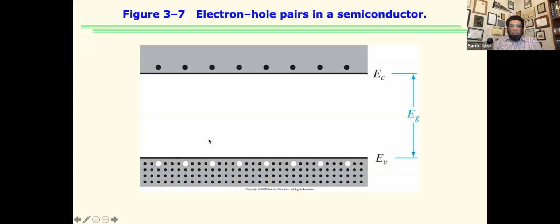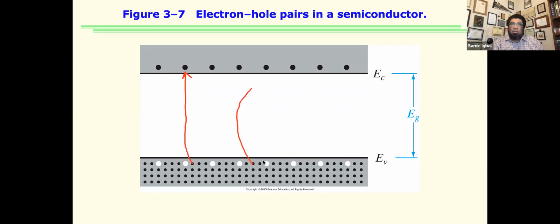A few definitions also. When an electron jumps from the valence band to the conduction band, we say that there has been electron hole pair formation. So we use this word EHP. Whenever you read EHP, that should tell you this is nothing but the idea that an electron has jumped, and for whatever reason, it may be optically excited, it may be heat, it may be external energy, it may be mechanical.